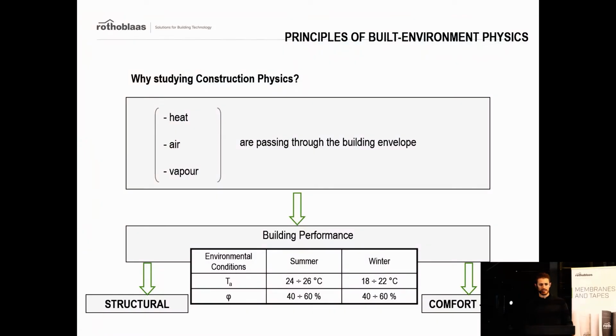So first of all, it is important to talk about the physics. It's very important to know some theory before actually starting to talk through all the membranes and how to choose them. So how does it work? In the air we always have vapor, and the vapor is trying to escape from the building, because inside usually there is a high pressure.